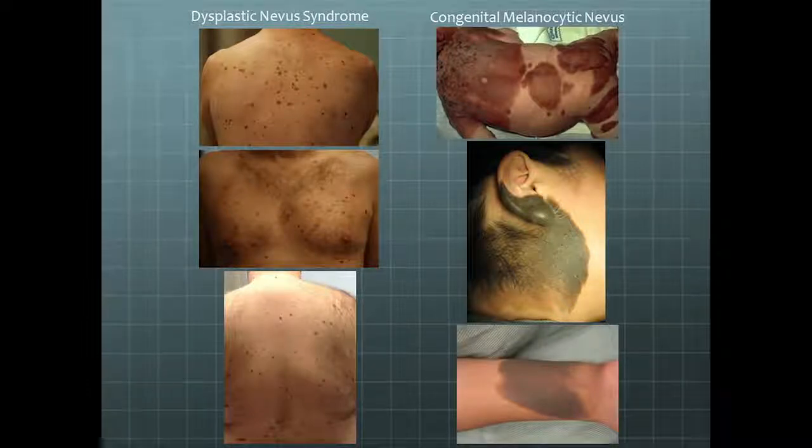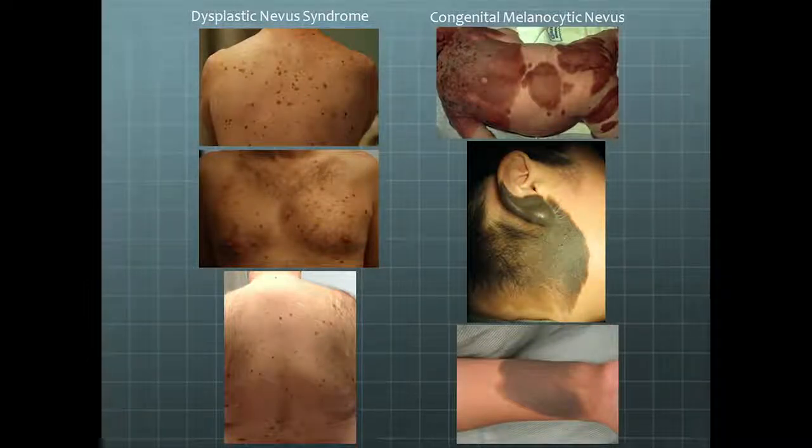You've seen these cases. These are patients with what we would call typical classical dysplastic nevus syndrome, where clinically most of them are dysplastic nevi. Histopathologically, you would characterize them as dysplastic. Another way of looking at it is that some clinicians refer to these as individuals with many nevi.